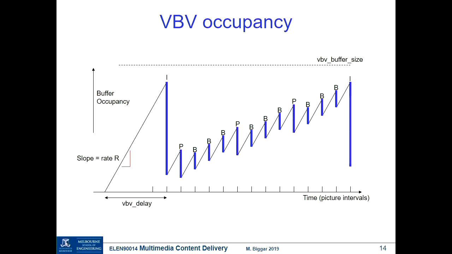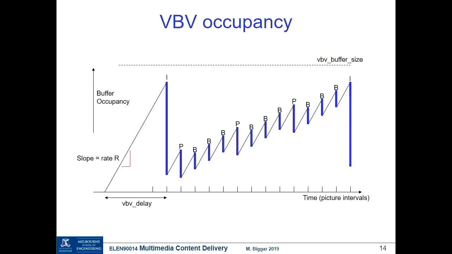Because if it was less, I'm assuming I'm about to tell you to fill your buffer to a certain level, and if we haven't got that number of bytes available in the buffer, then I'm going to overflow it. Okay. So that's the first parameter that the encoder sends to the decoder.